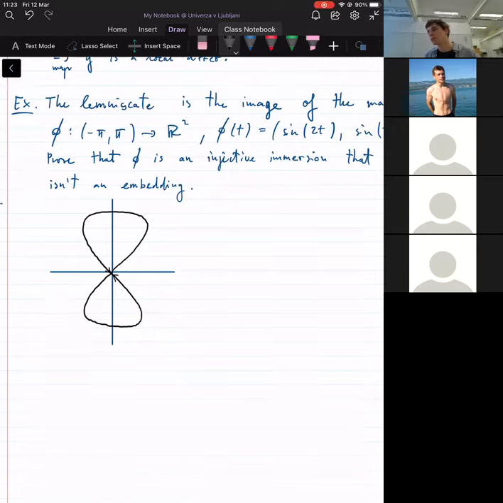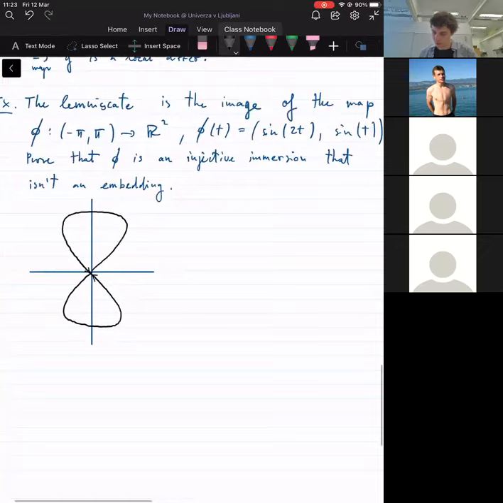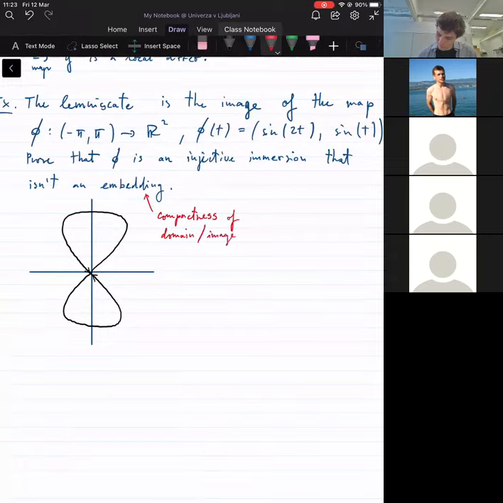For the part where you have to prove that this isn't an embedding, just take a look at the compactness of this thing and the compactness of your domain. Everything else is pretty straightforward.